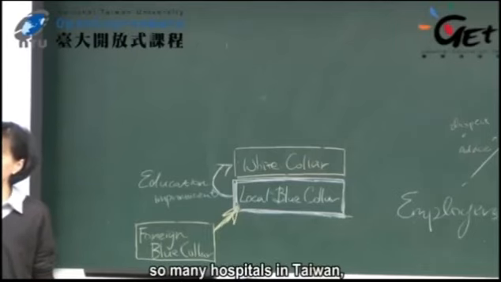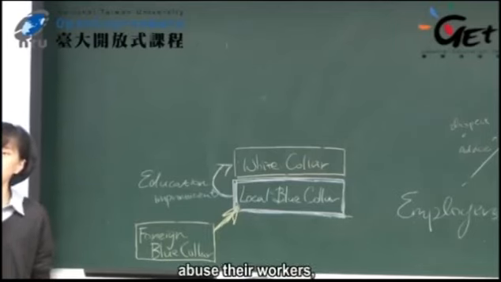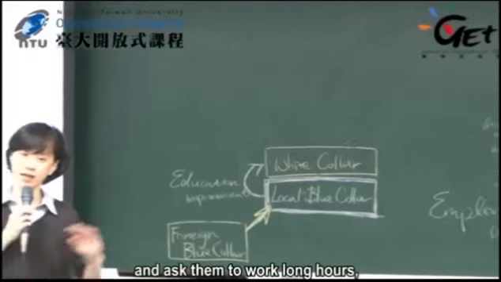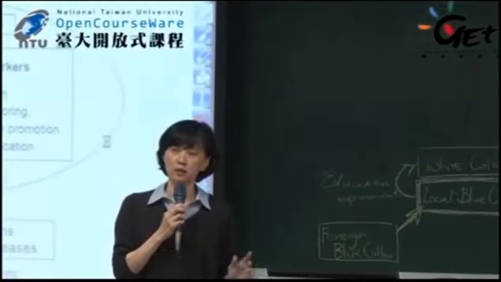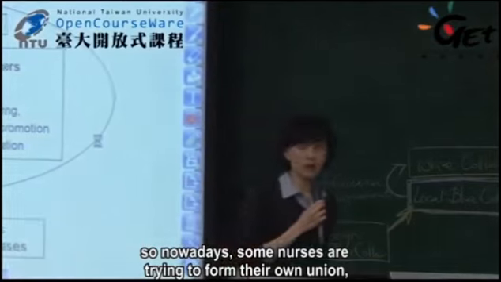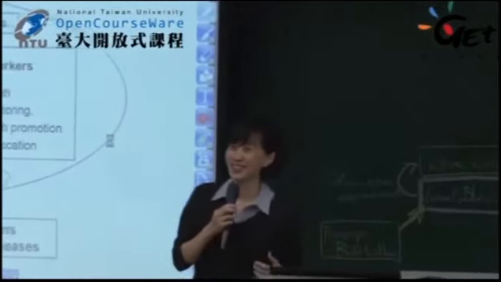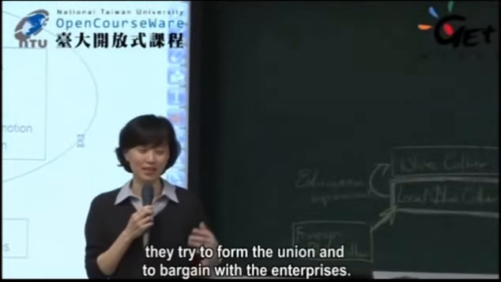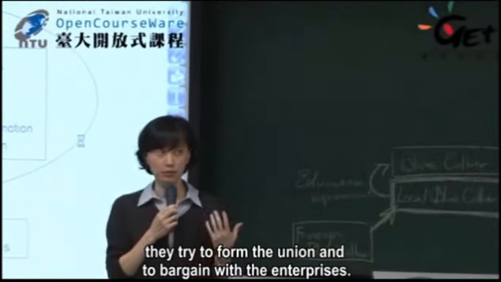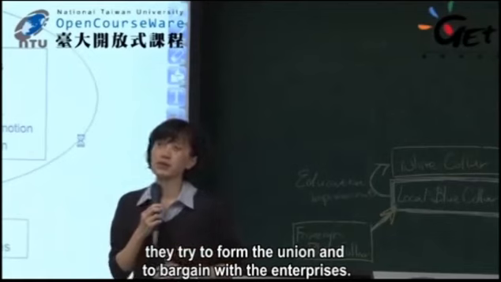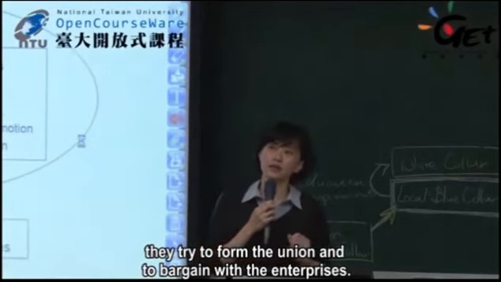So many hospitals in Taiwan abuse their workers and ask them to work long hours. So nowadays, some nurses are trying to form their own union. So union is important. They try to form a union and to bargain with the enterprises.